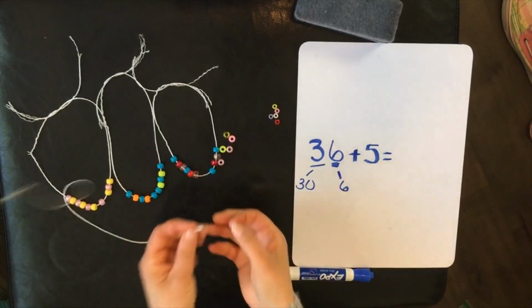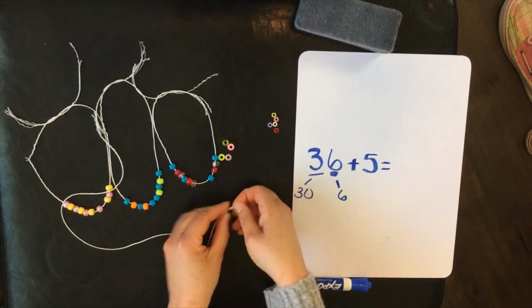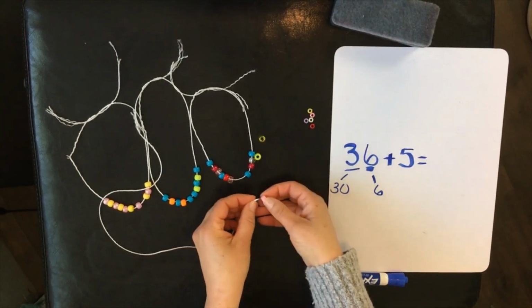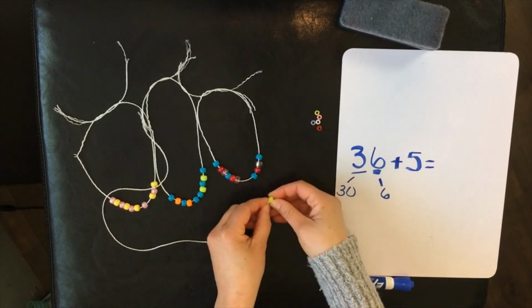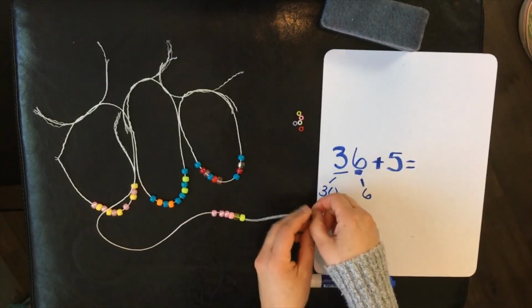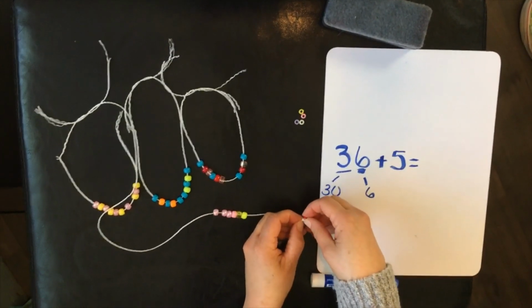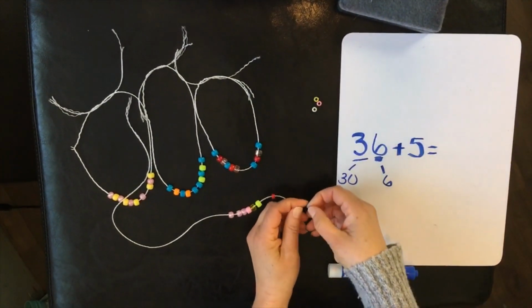So I'm going to quickly add these to my string. 1, 2, 3, 4, 5, 6. Okay, there's my 6. Now let's add 5 more. Let's count on from 6. 6, 7, 8.